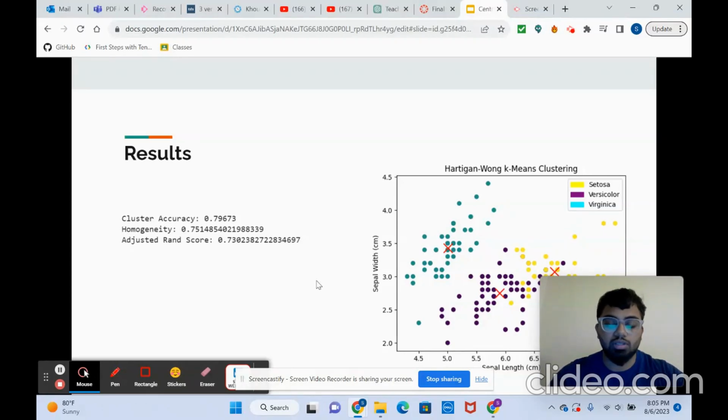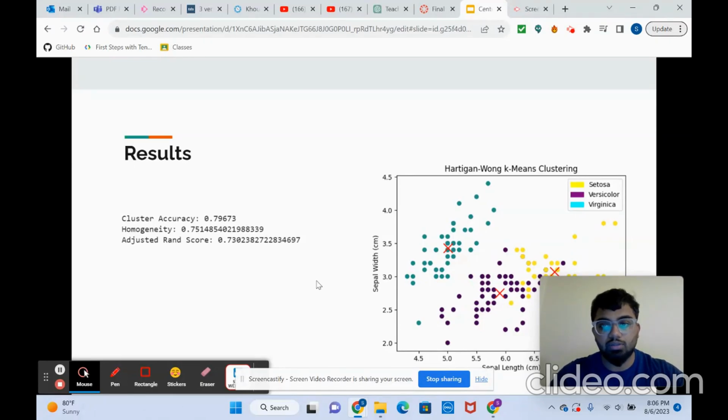Also, we plotted all the different labels and their classifications with the centroids. The cross mark on the graph on the right denotes the centroids, and there are 3 colored groups of points, yellow, purple, and cyan, for the different labels.